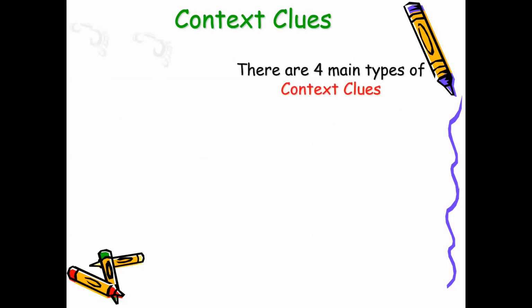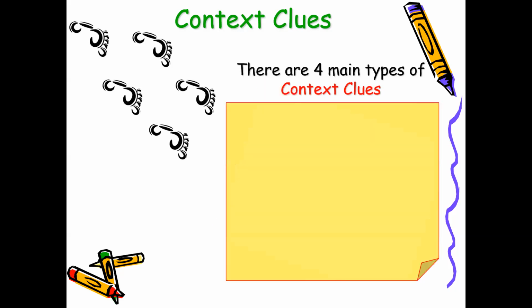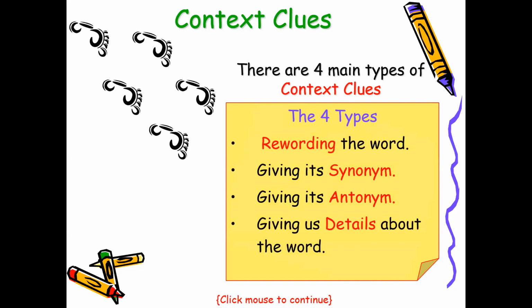So today I'm going to focus on 4 main types of context clues. These 4 are rewording the word, giving it synonym, giving its antonym, and maybe giving us details about the word.